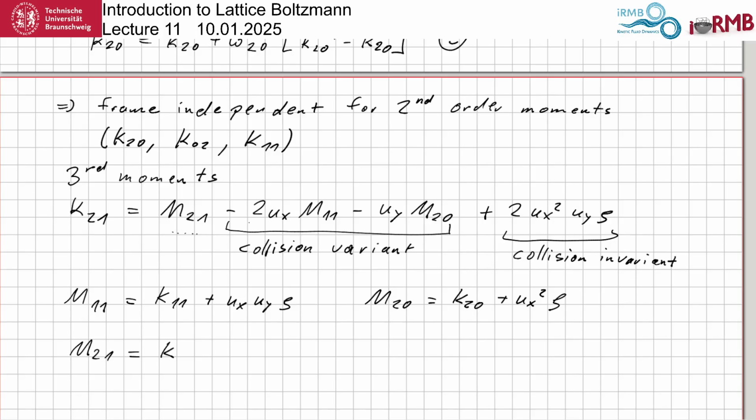K21 plus 2 times ux K11 plus uy K20 plus ux square uy rho. I now put this from my notes, I hope I've done this correctly.